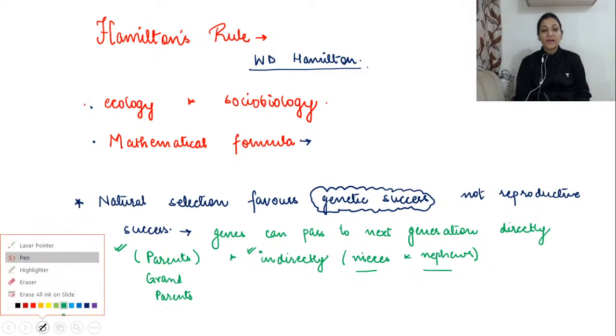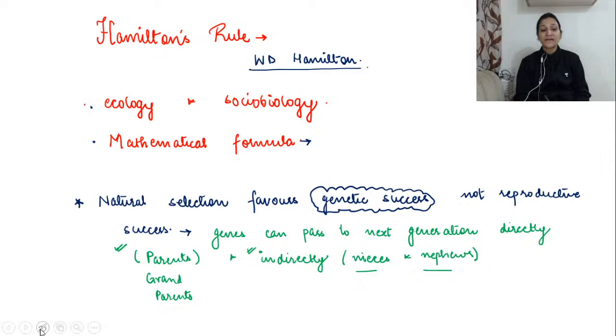And this behavior, we have already seen what it is called. Is there anyone who can tell me what this behavior is called? It is altruistic behavior. This video we have already done. So it is going to favor not only the genes of its own, but the genes of the relatives as well. This is what Hamilton's rule says, that not only itself but it is going to help others as well.